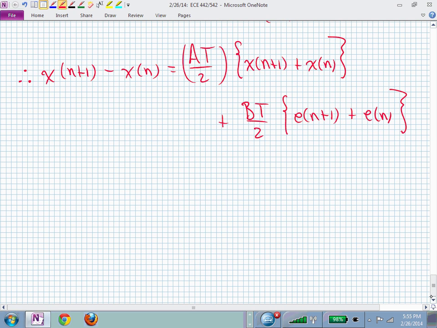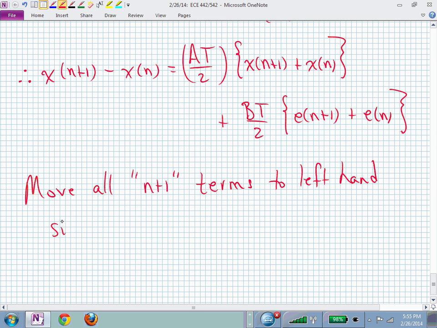So let me now move all the little n plus 1 terms to the left-hand side of the equality.